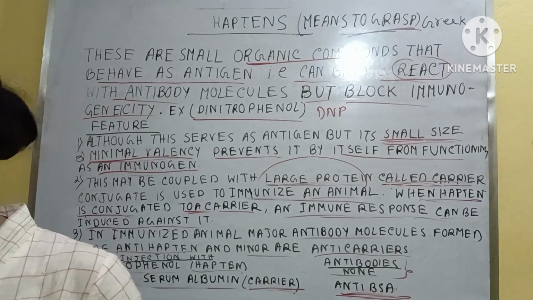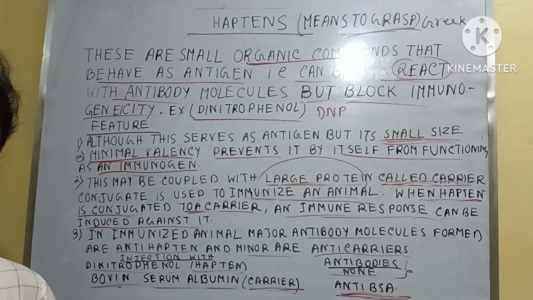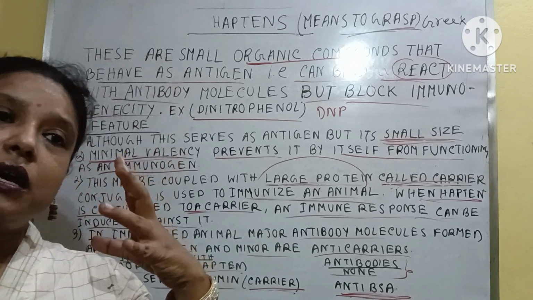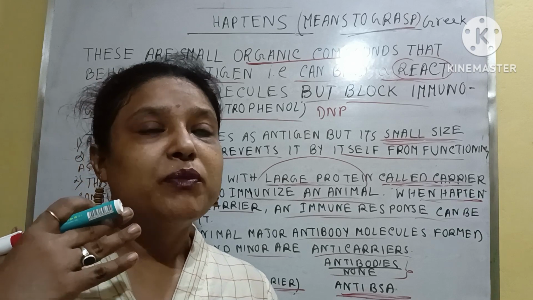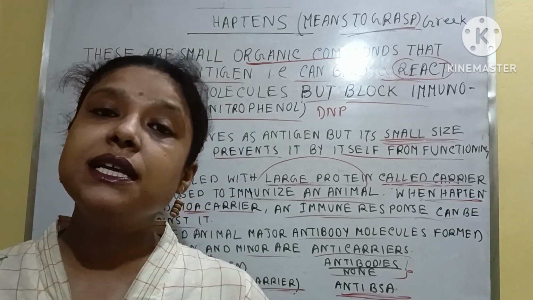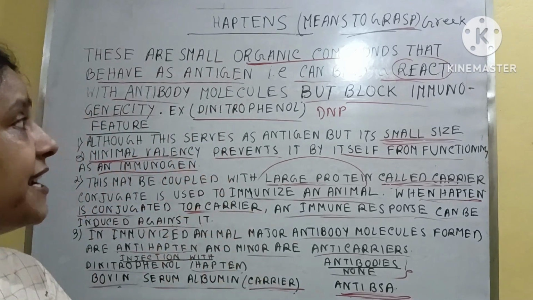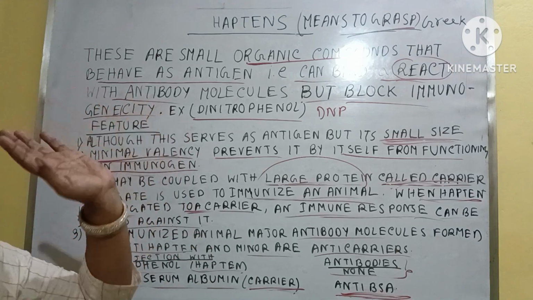These are organic substances that behave like antigen, and so it can easily bind with the antibody molecules, but its binding with the antibody molecules generally stops the immunogenic activity.